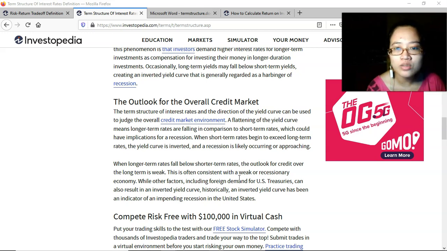This is often consistent with a weak or recessionary economy, while other factors, including foreign demand for U.S. treasuries, can also result in an inverted yield curve. Historically, an inverted yield curve has been an indicator of an impending recession in the U.S. Okay?